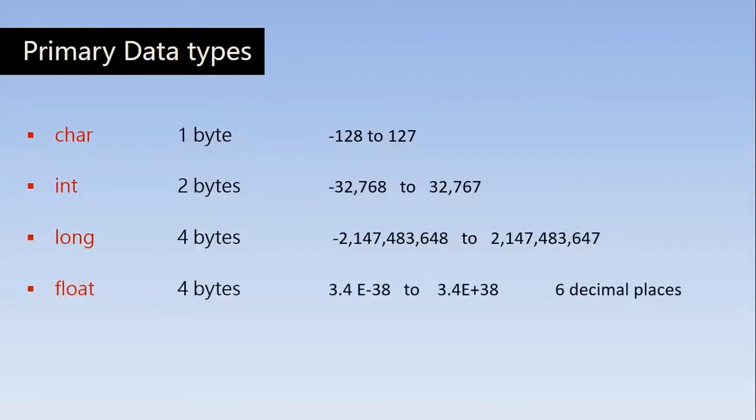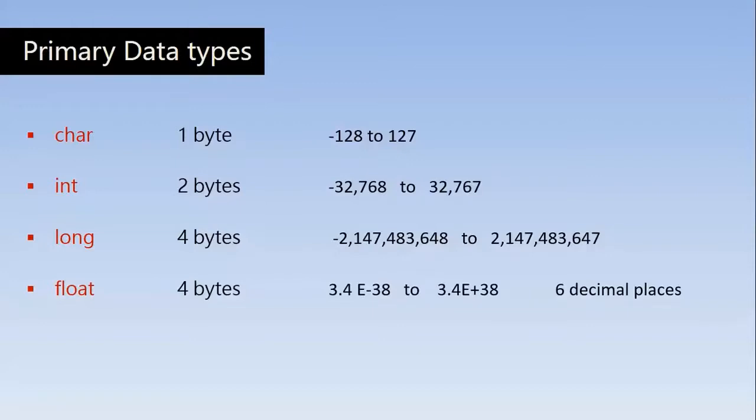So real numbers, or numbers with a decimal value, are stored in float variables. A single float variable requires 4 bytes of memory and can have 6 decimal fractional places, right? And the range for this float variable starts from 3.4 exponent minus 38.